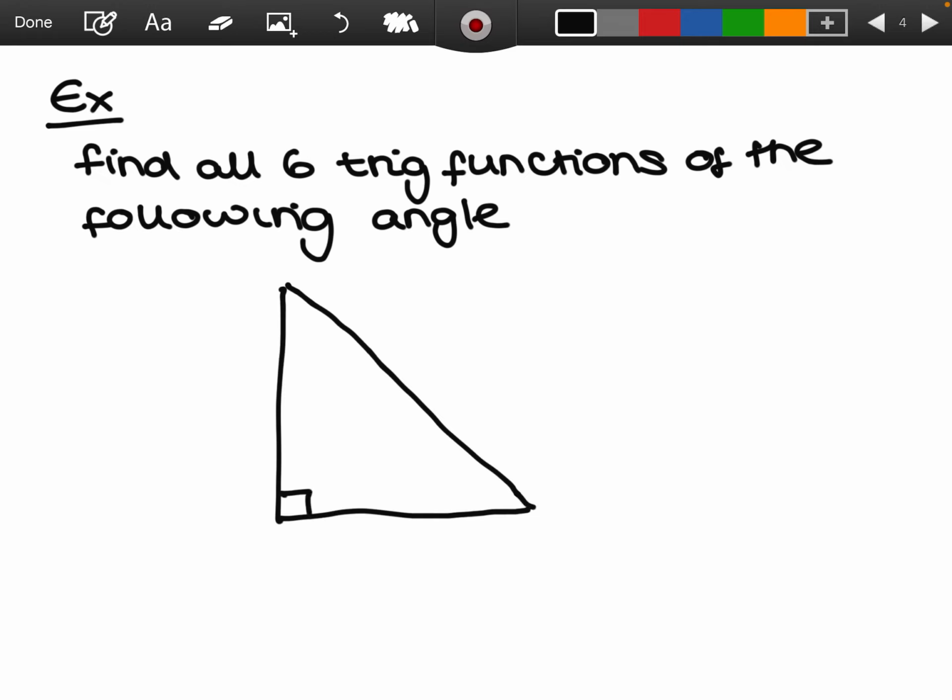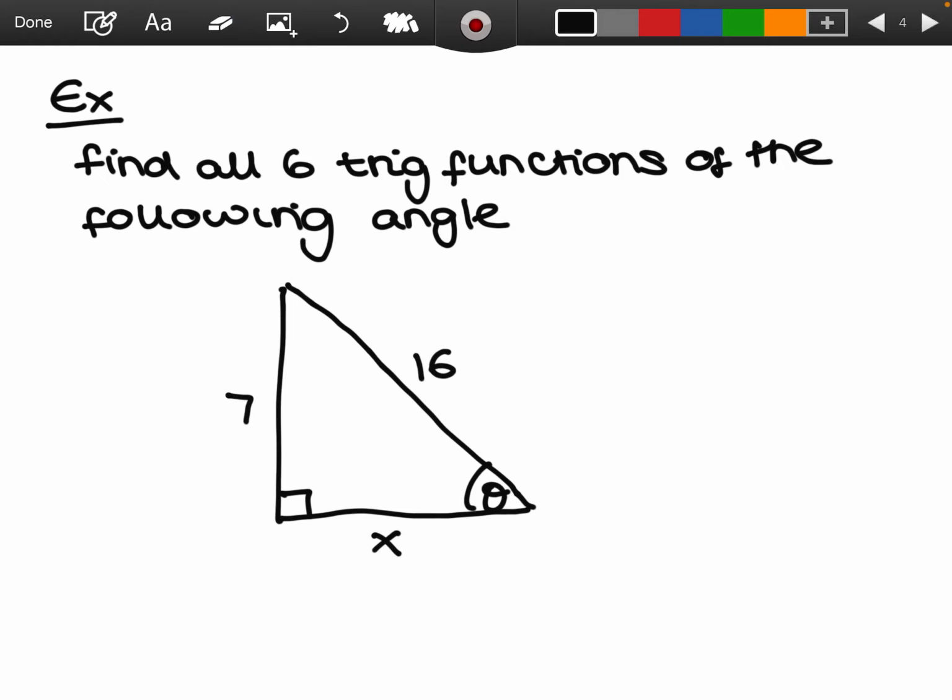I have a right triangle here. I've got an angle theta down here in the bottom corner. The side that is opposite theta has length 7. I don't know what x is at the moment, the side that is adjacent to theta. And I know that the hypotenuse has length 16. I've got to find sine, cosine, tangent, cosecant, secant, and cotangent of that angle theta.